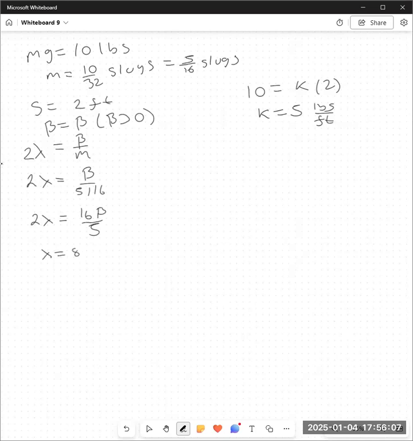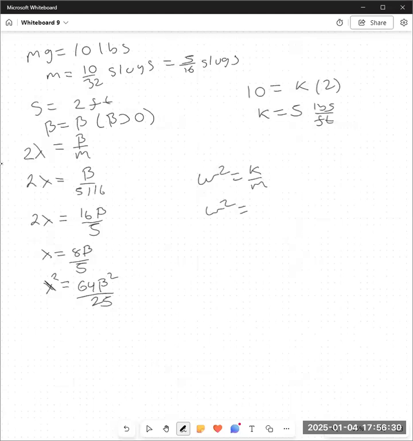Lambda is equal to 8 beta over 5. So lambda squared is 64 beta squared over 25. And omega squared is K over M. And omega squared is K is 5, M is 5 over 16. So omega squared is 16.